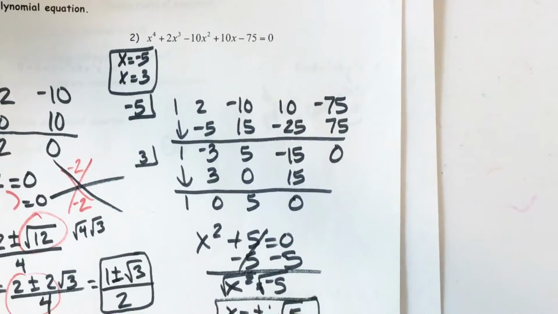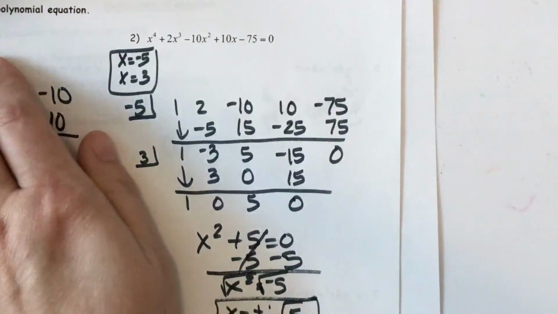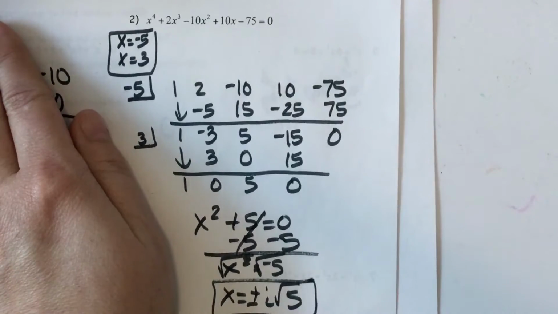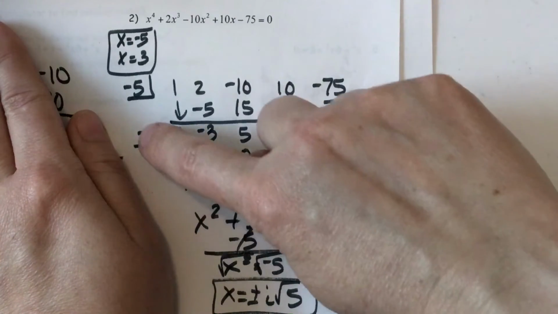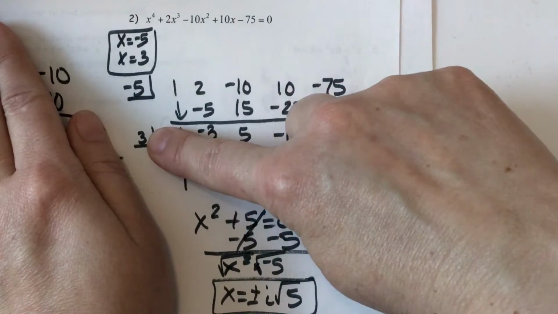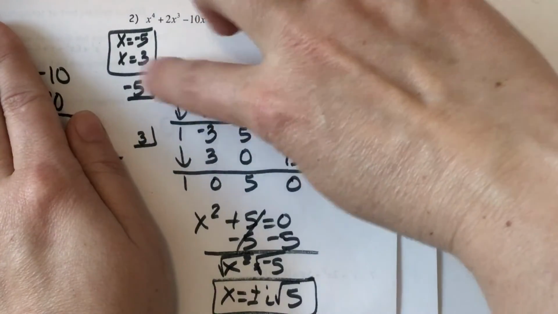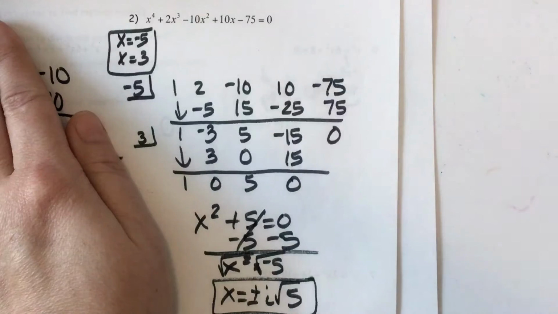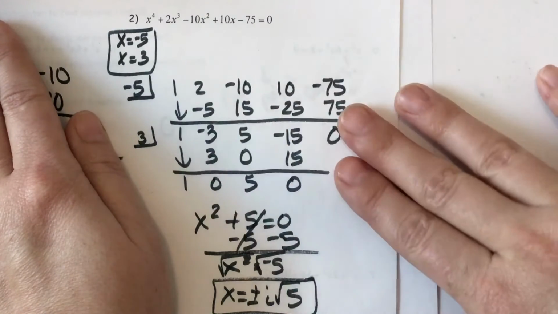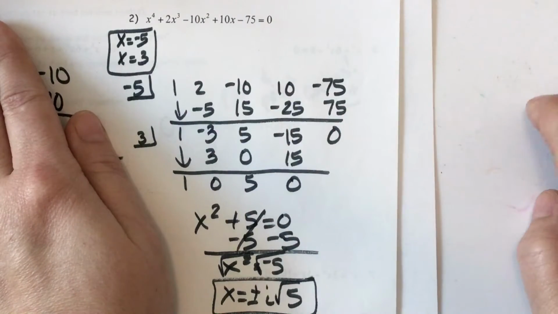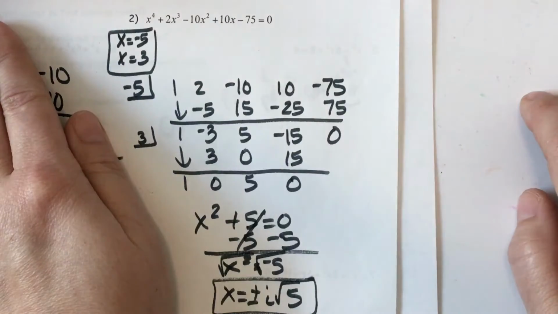Now, your work might look just a little bit different if you did the 3 first instead of -5 first. So it's okay if you did the 3 first and the -5 second. Your work would probably look a little different, but your 4 answers should all be the same.